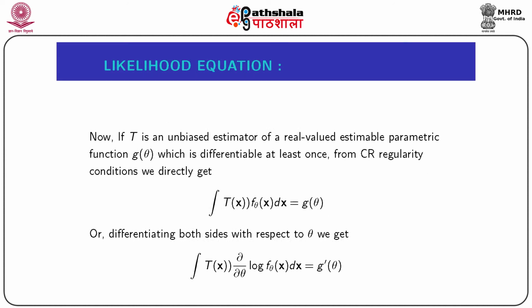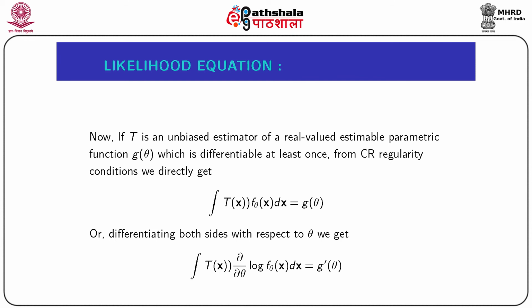Now, if T is an unbiased estimator of a real valued estimable parametric function g(θ), then we can say that the integration of T(x) times the PDF f(x) dx equals g(θ).